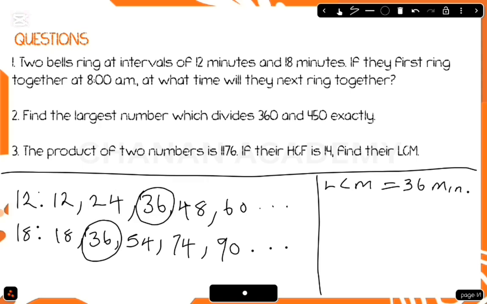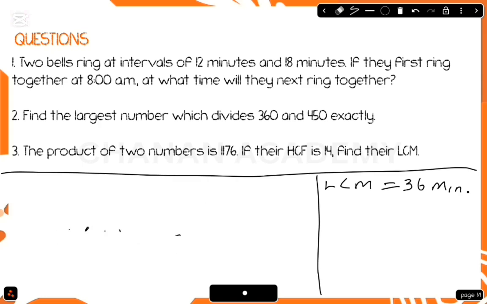Don't forget, it's not just 12 or 18. It is 12 minutes, 18 minutes. So our answer will be 36 minutes. So the bells will ring together every 36 minutes. So let me take this off so we can have space.